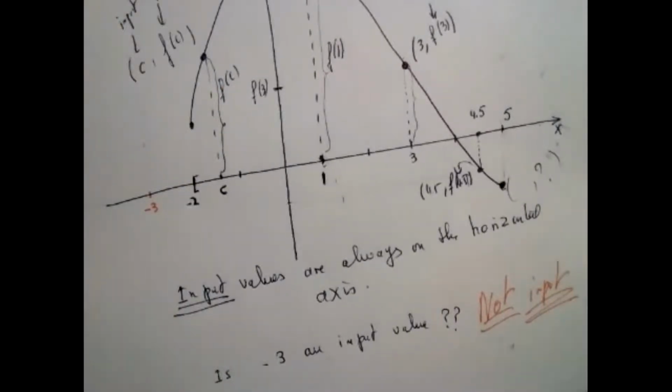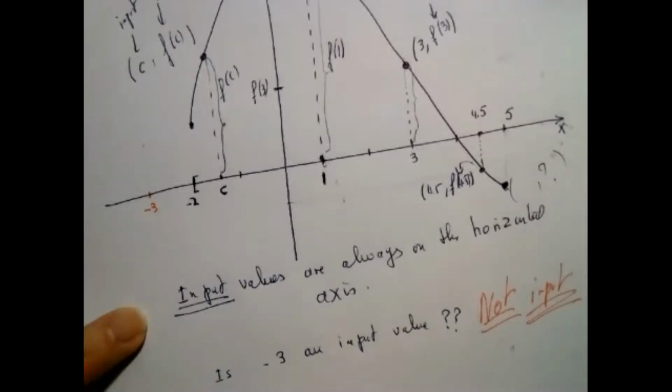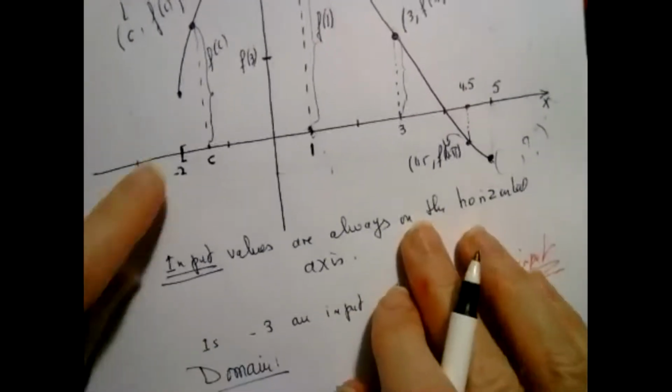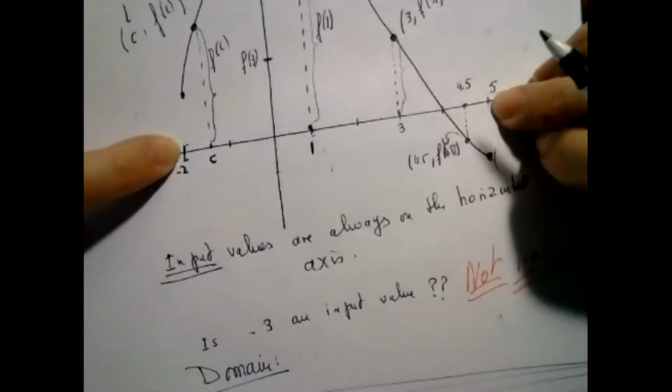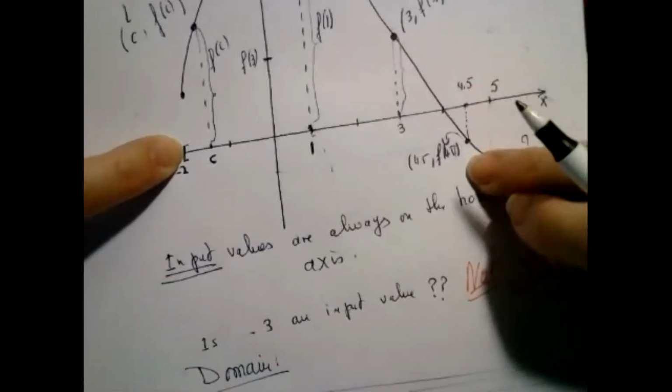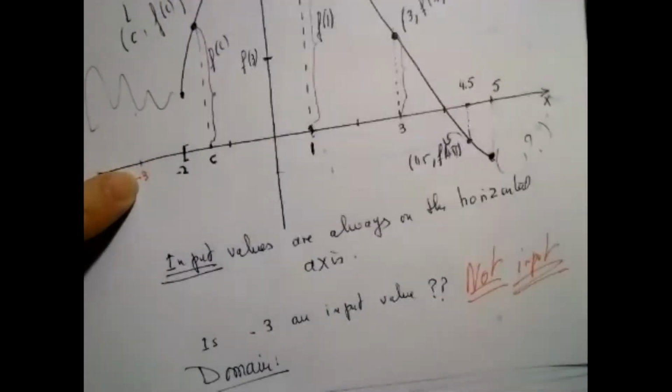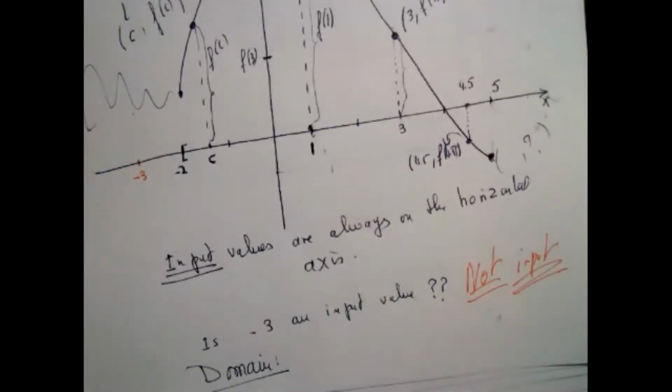The graph doesn't show it to you. So -3 is not an input value. 6 is not an input value in this particular picture. So in this graph, the domain, the input values, is going to be everything between -2 and 5, because for those you can tell me what the output is. For the others, because I don't have anything here, there is no output. So they are not in the domain.